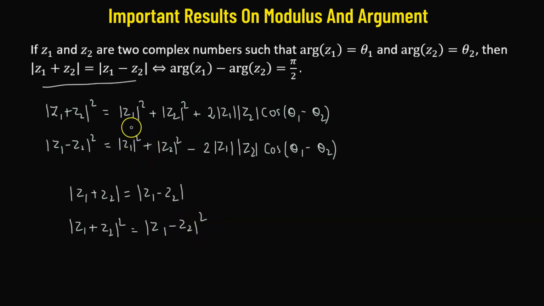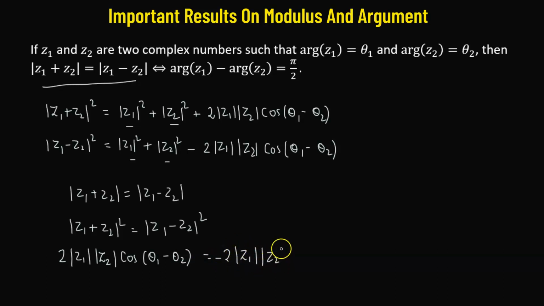If we equate both sides, this part is common to both sides, so they get cancelled out, and on the left hand side we have 2 times absolute value of z1 times absolute value of z2 multiplied by cosine of theta 1 minus theta 2. And on the right hand side we have negative 2 times absolute value of z1 times absolute value of z2 times cosine of theta 1 minus theta 2.